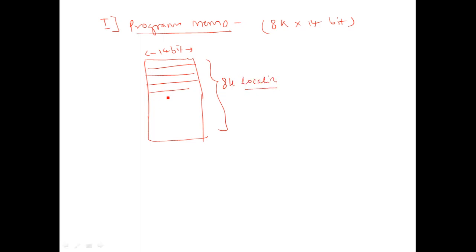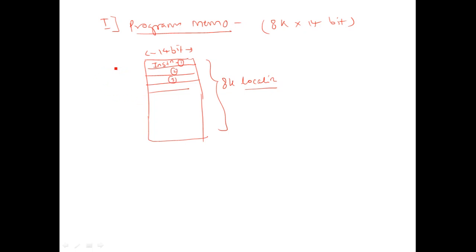So that's how it is organized. And every instruction of this microcontroller is 14 bit wide, so it can hold one instruction in one location: instruction 1, instruction 2, instruction 3, and so on.